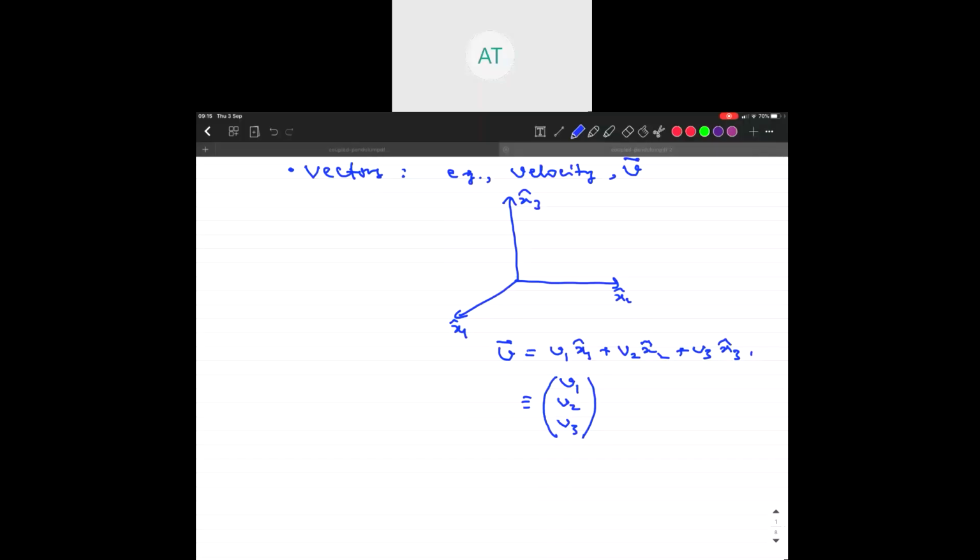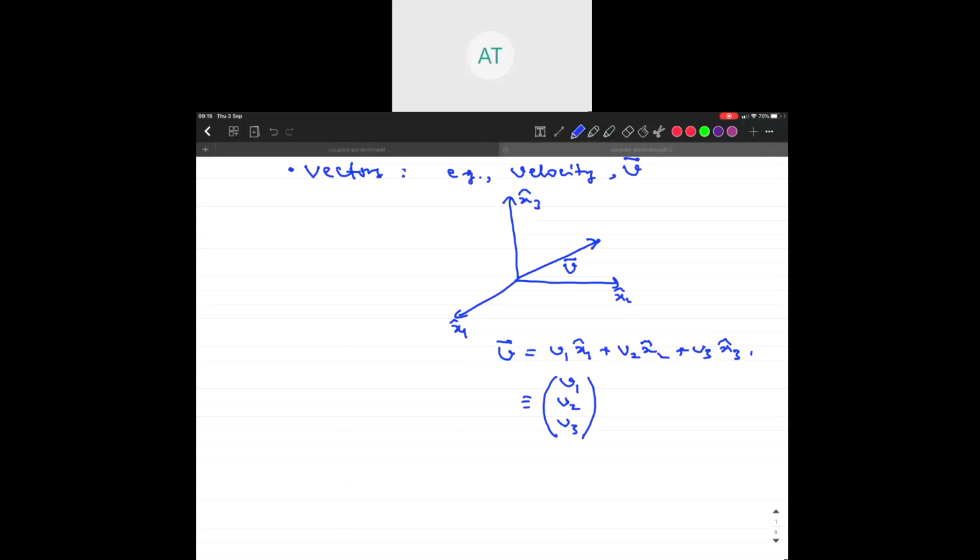So this can realistically represent a vector v in a three-dimensional space.